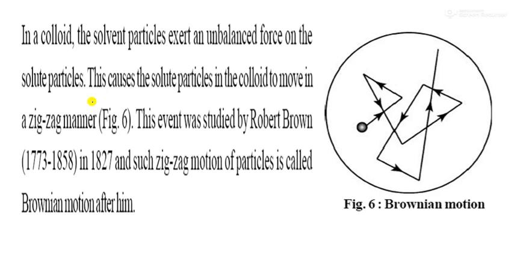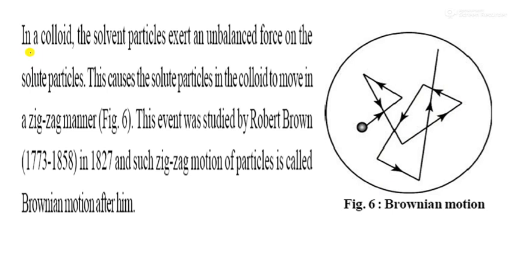Now what is Brownian motion? When the colloidal particles are seen through a microscope, their motion is a zigzag motion, like this. That zigzag motion is called Brownian motion.